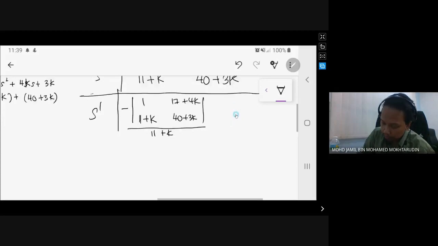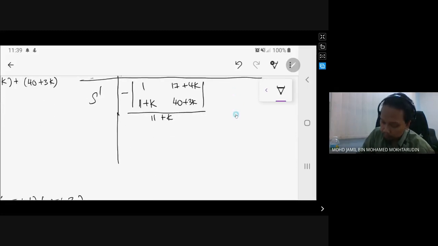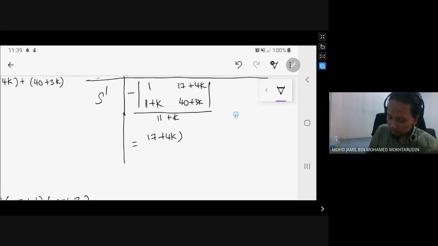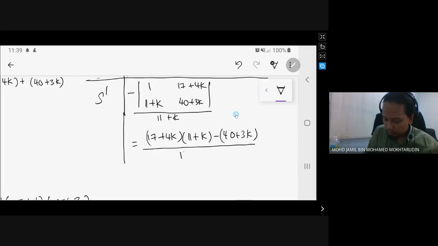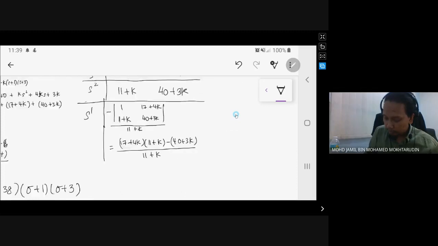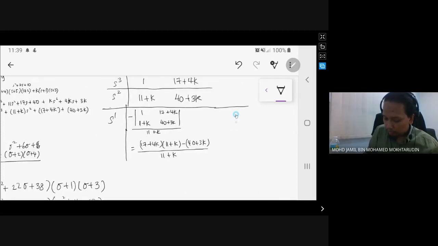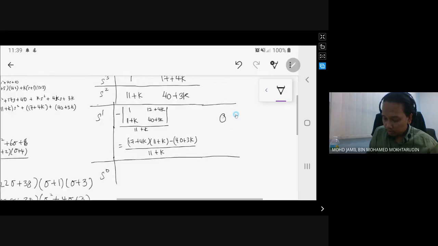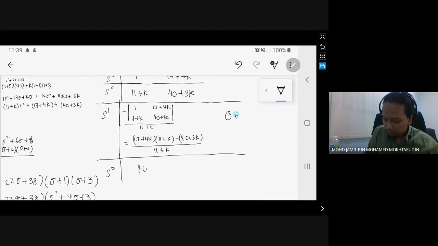So you get 17 plus 4k times 11 plus k minus 40 plus 3k over 11 plus k. And this one is 0. And for the row S0, you get 40 plus 3k.